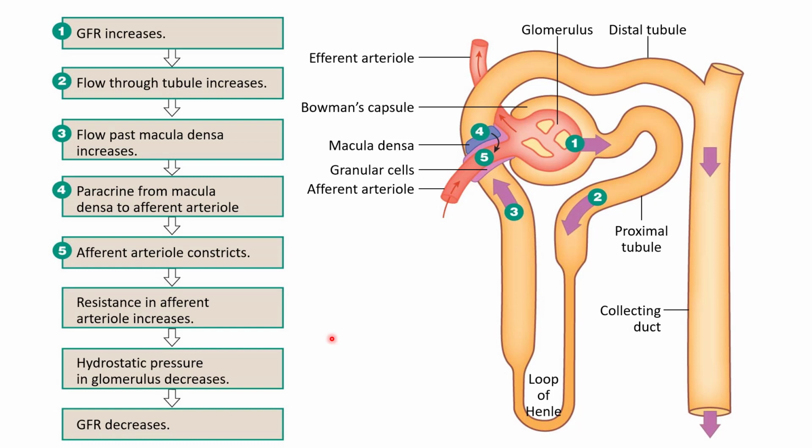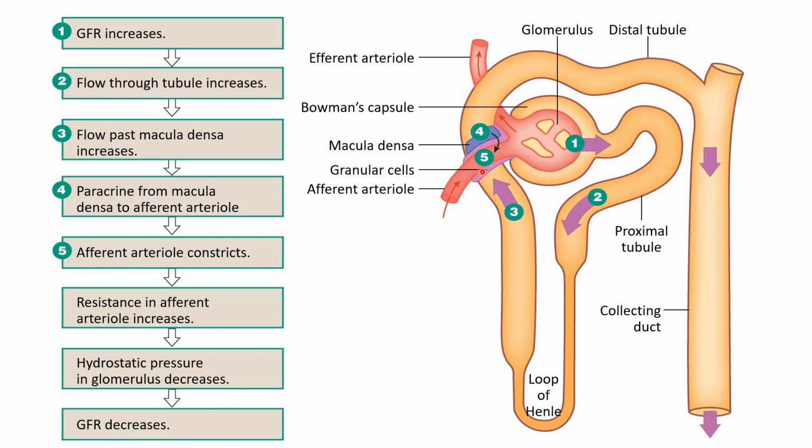Let's look at the tubuloglomerular feedback mechanism that occurs. So on the afferent arteriole leading into the glomerulus, there are some cells that are associated both with the nephron and with the capillary, or in this case, the arteriole.